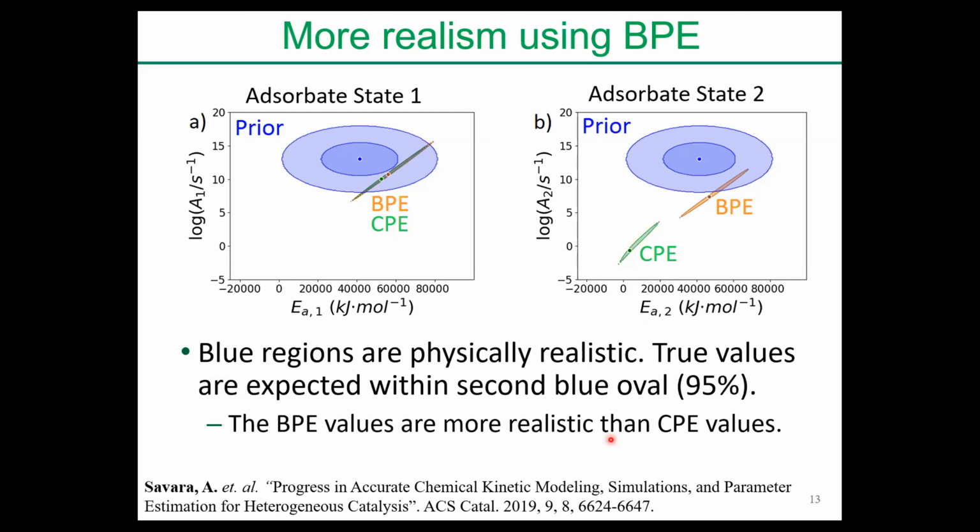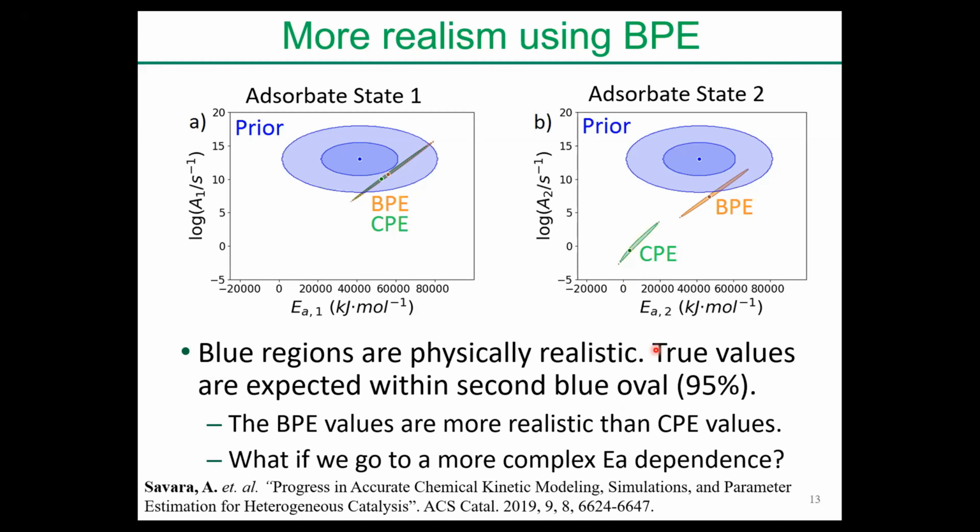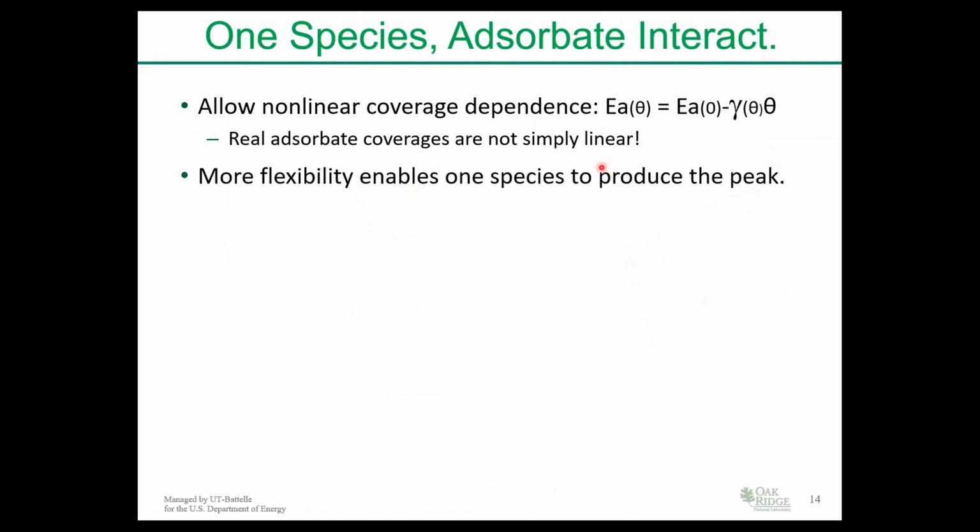And now let's go to a more complex case. We can try to add in not simply linear activation energies. Previously, we had a constant in this gamma. So there was a linear dependence with coverage. Now we'll allow this gamma to vary as well, still in a monotonic fashion, so that we don't have a strictly linear dependence.